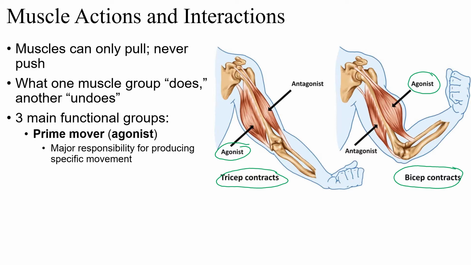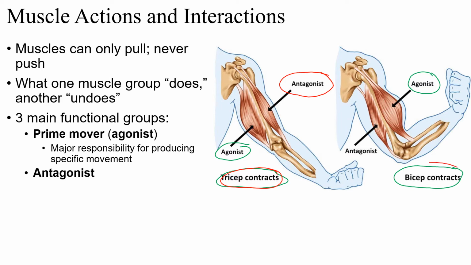In this case, the bicep is going to bring the forearm up towards the upper arm. The antagonist is going to be the other muscle, which is going to be able to undo whatever the agonist does. When we're doing tricep contraction, our antagonist is going to be our bicep, because it's going to undo whatever the agonist is doing.